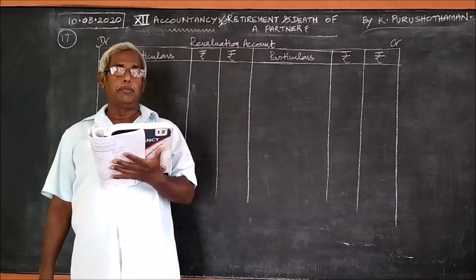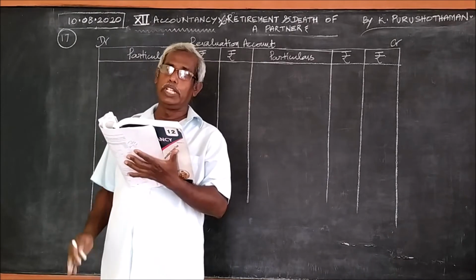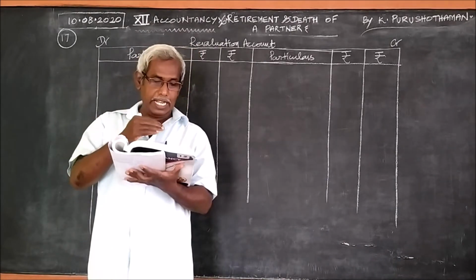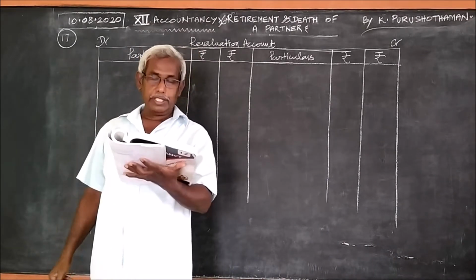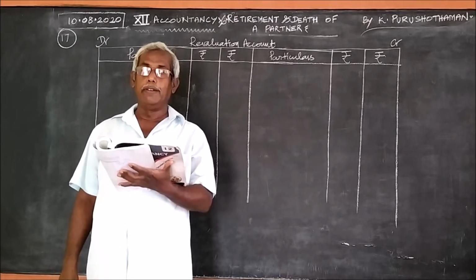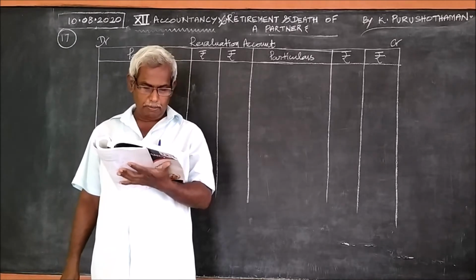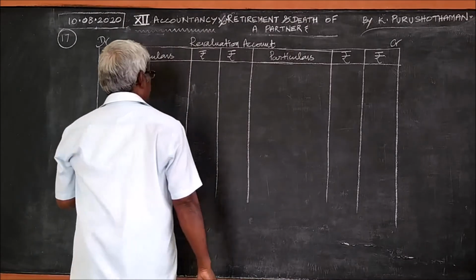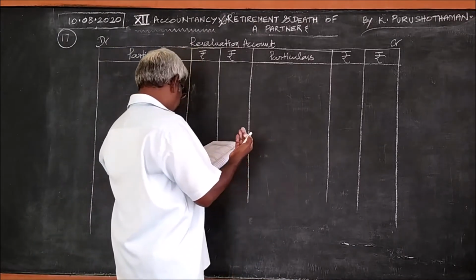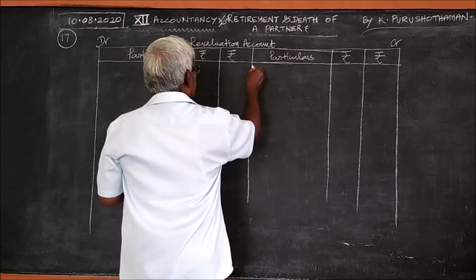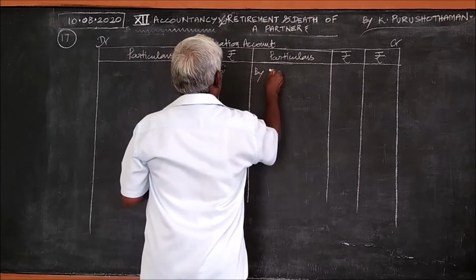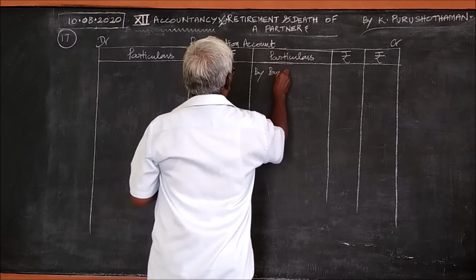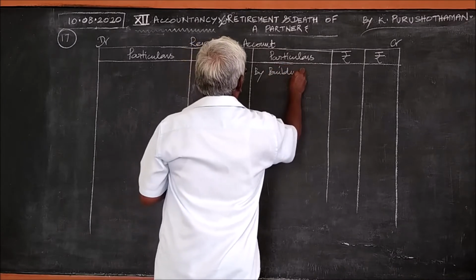You must remember, you should go through the adjustments given under the balance sheet. There are 5 adjustments given. 1, to appreciate building by 10%. Appreciation is the increase in the value of the building. Therefore, it is a profit item by building account.